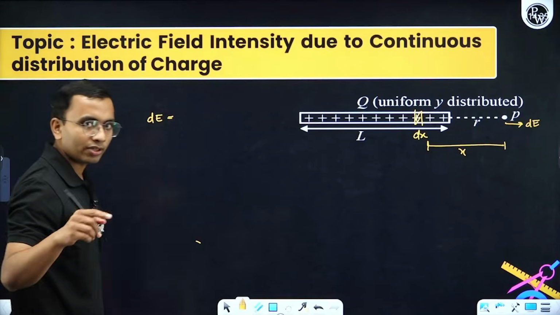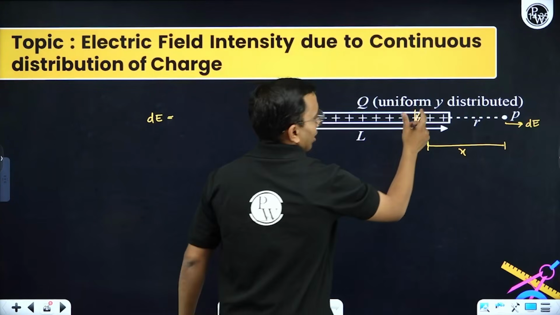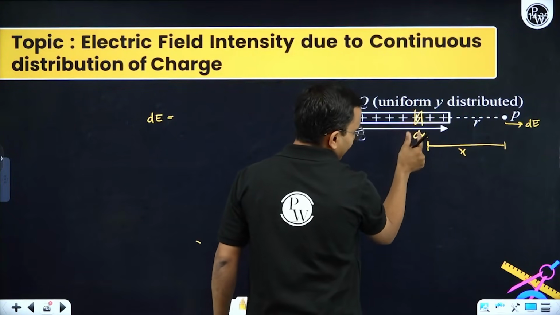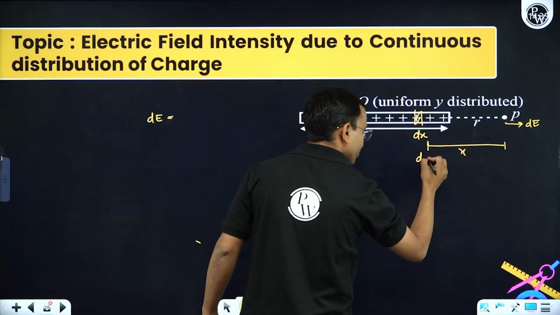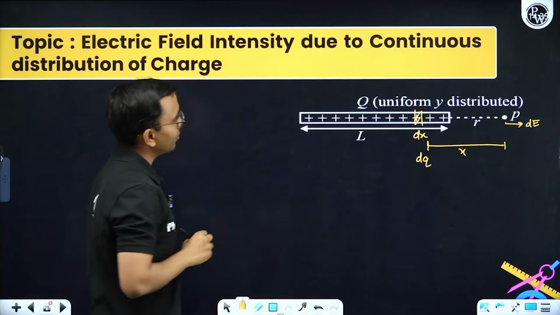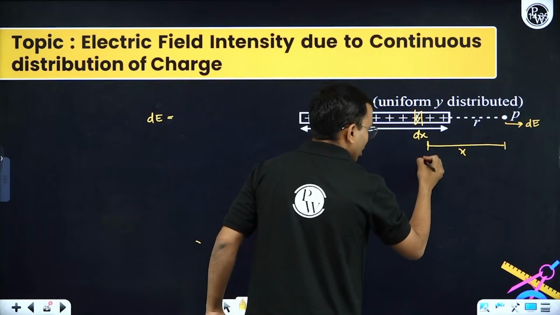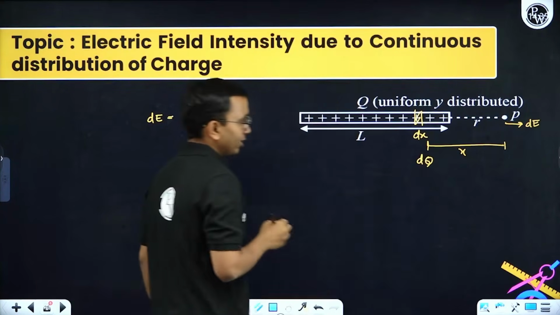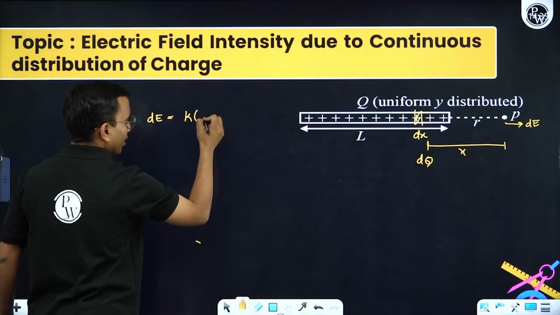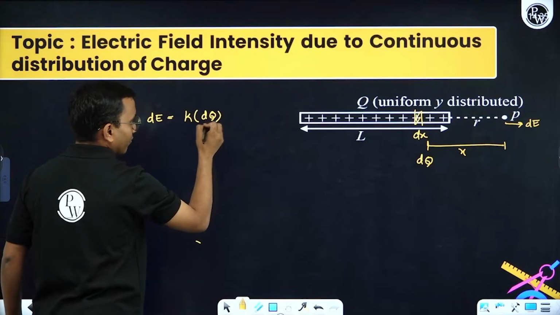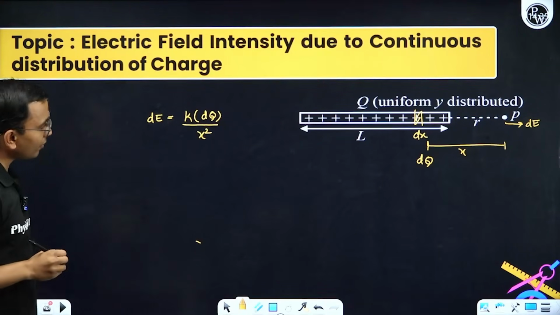Electric field is kq by r square. This is a point charge, very small. Let us take the charge of this section dx as dq. Total charge is capital Q, so I can consider this small charge as dq. So dE is k dq divided by the separation x square.